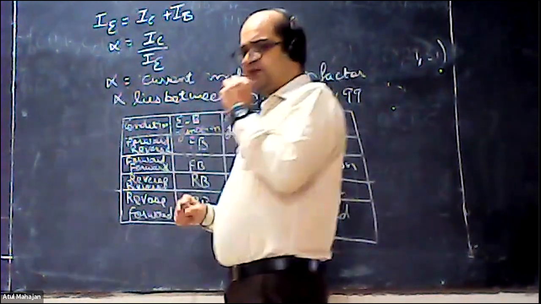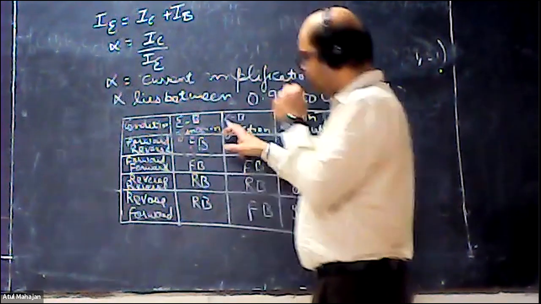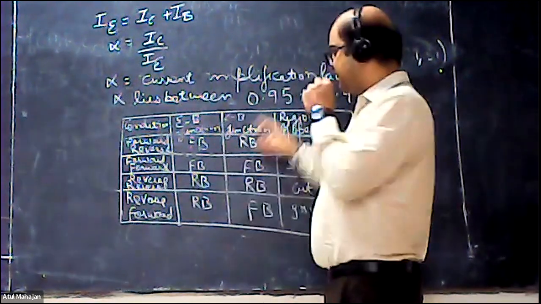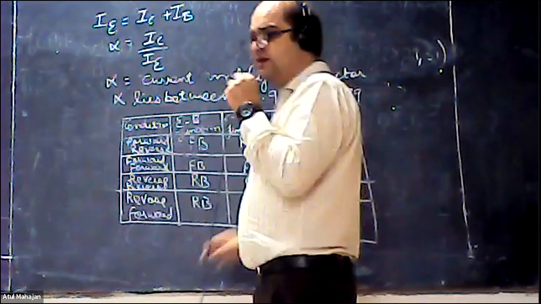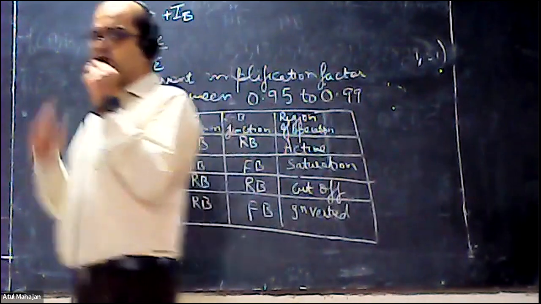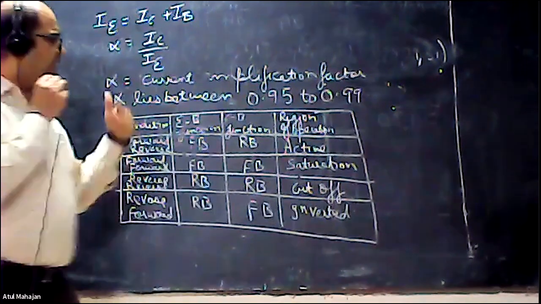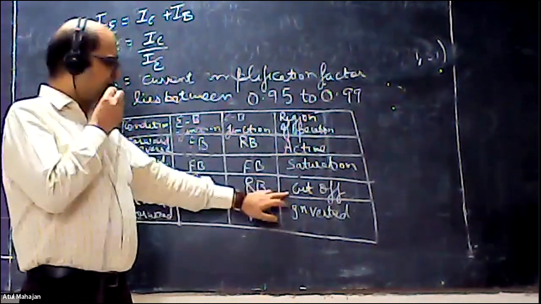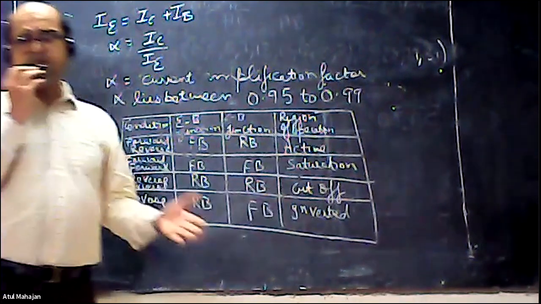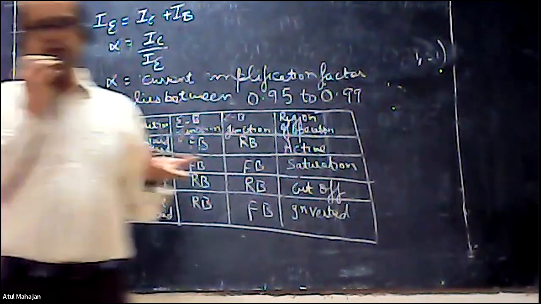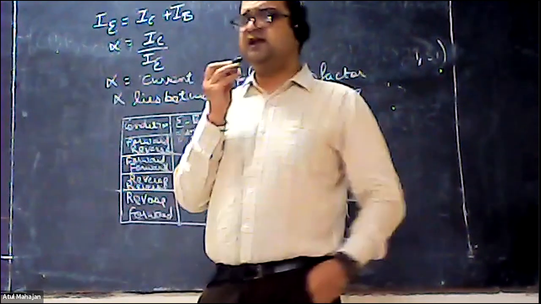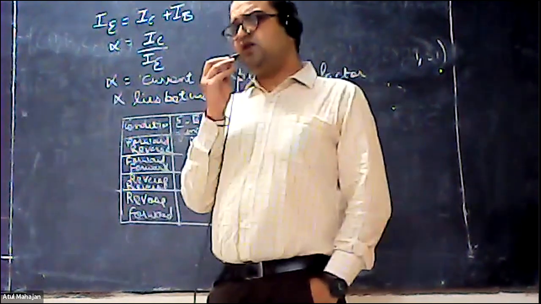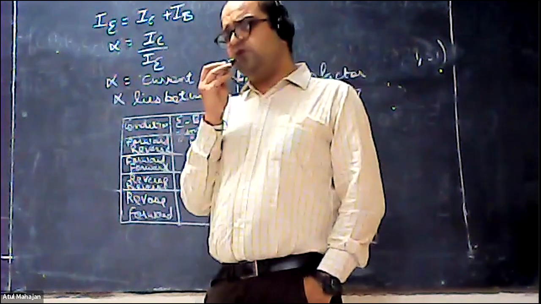Reverse reverse means the emitter base is reverse biased and the collector base is also reverse biased. When both of these junctions are reverse biased, the region of operation becomes cutoff. In the reverse biased region, do we flow any current?